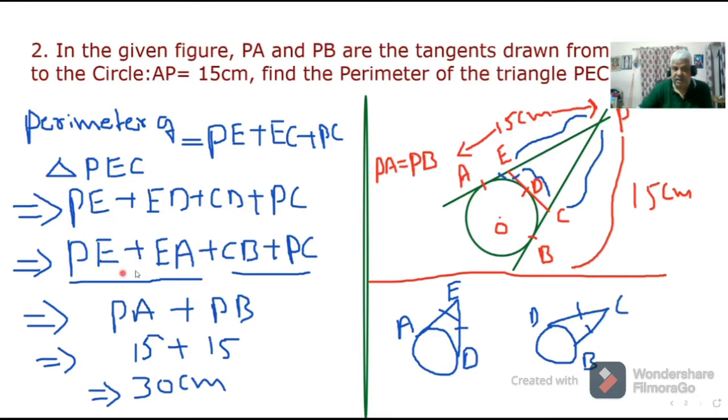And PE plus EA is PA, CB plus PC is PB. So I substituted the values. 15 plus 15 gives you 30 centimeter, the perimeter of the triangle PEC. Thank you very much.